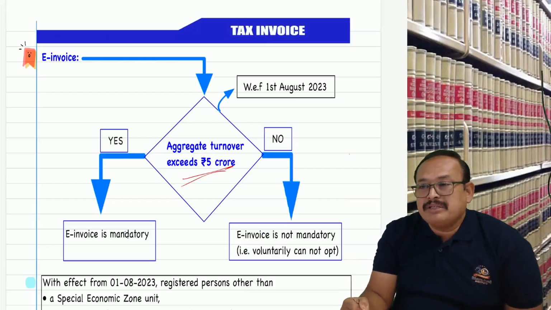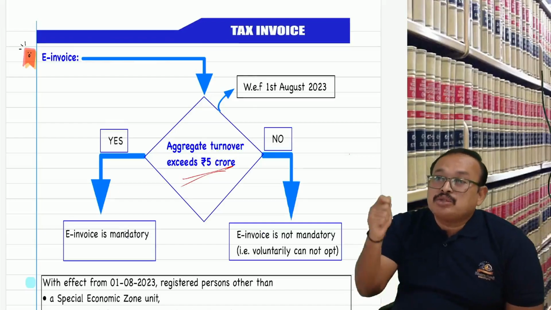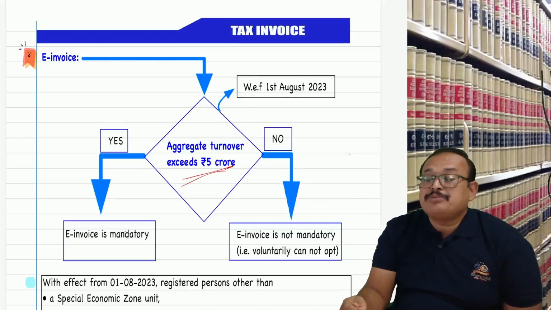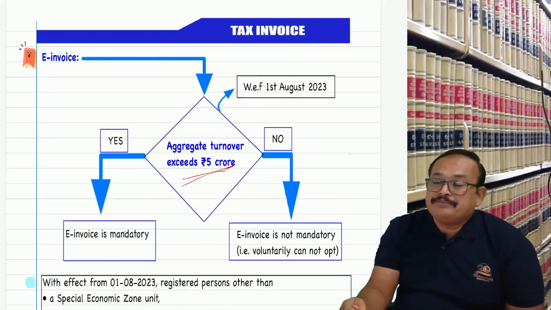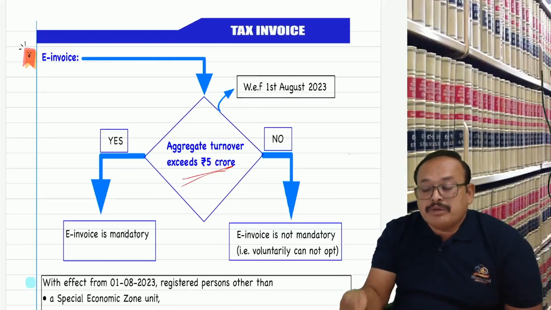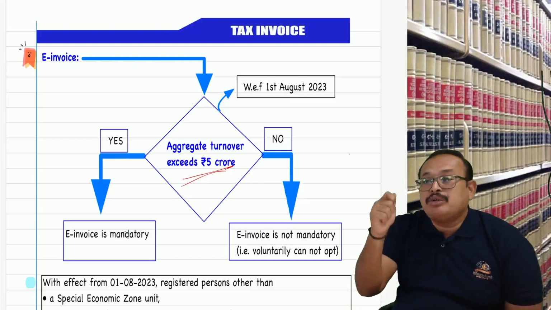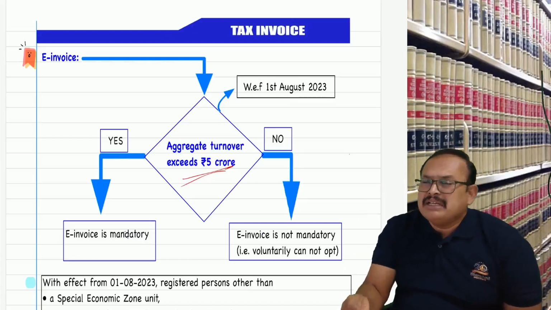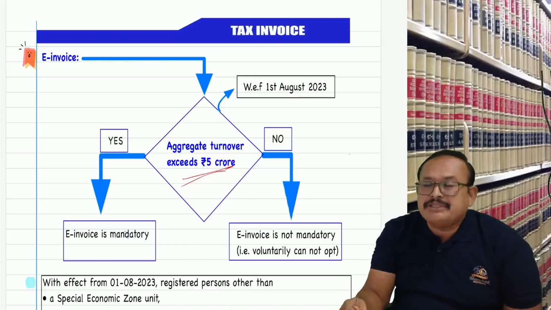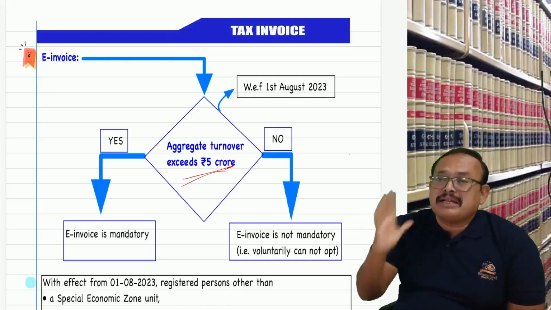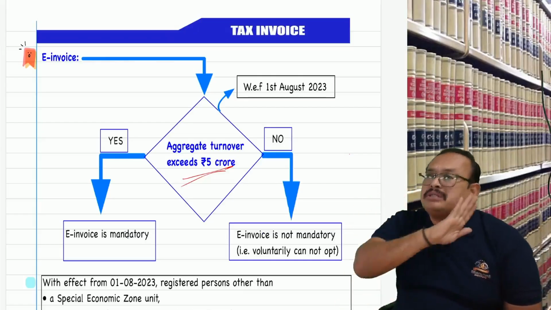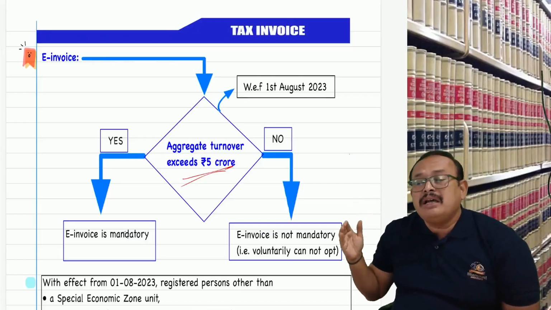You get my point, sir? So if you generate it through that, there must be a dynamic QR code. A dynamic QR code is a must in case of B2B transactions. In case of B2C transactions, a QR code is required only for high value transactions, and that code is not generated through the IRP portal.